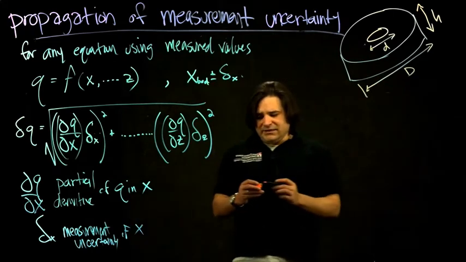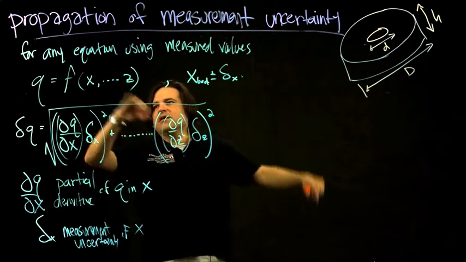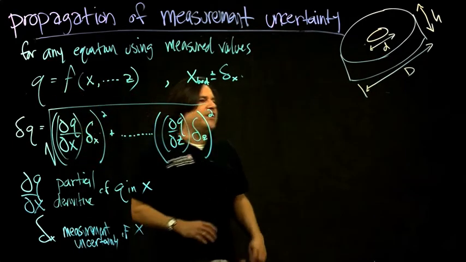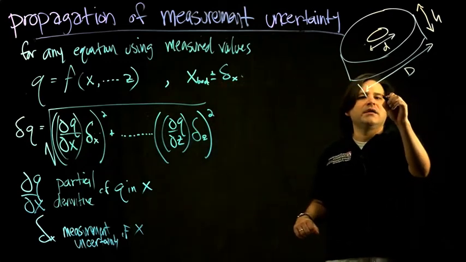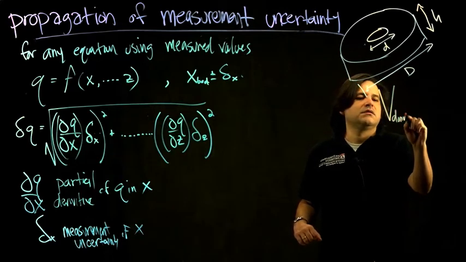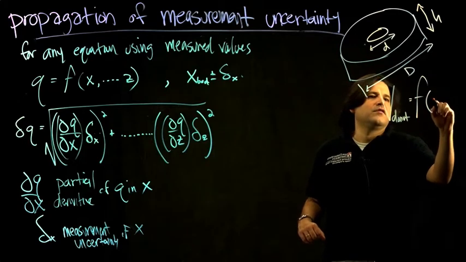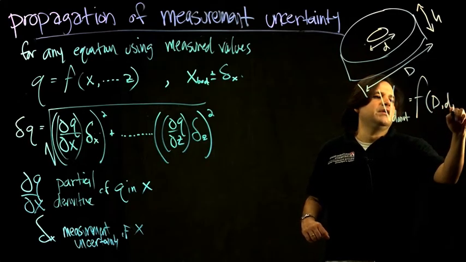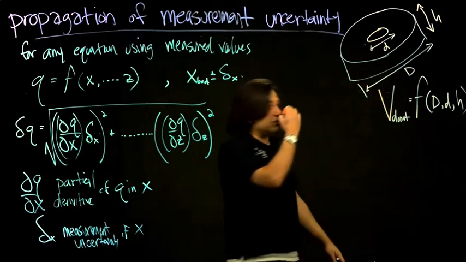So in this case, the equation we're using is the volume of this donut, and let's call this the variable V. What is the volume of the donut? It's going to be a function of big D, little d, and h. Those are the measurements we're going to take to find the volume of this donut.